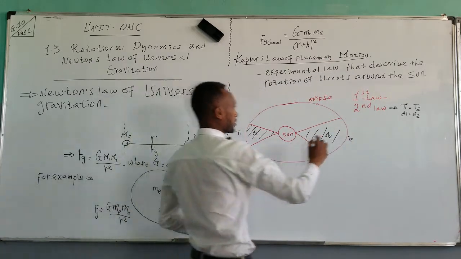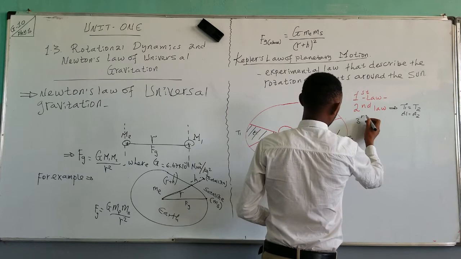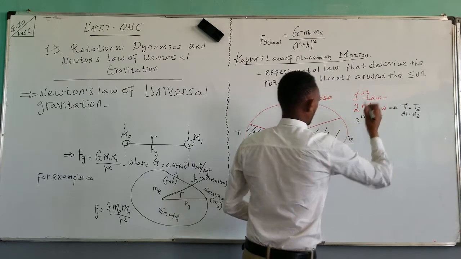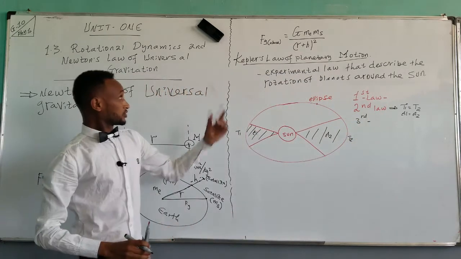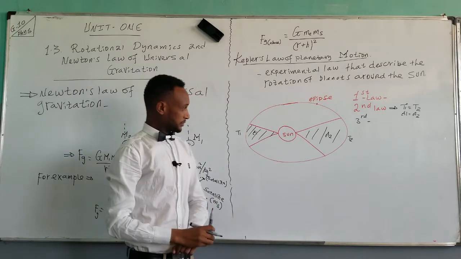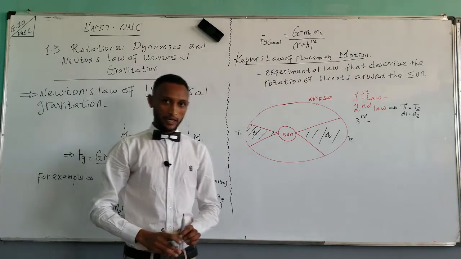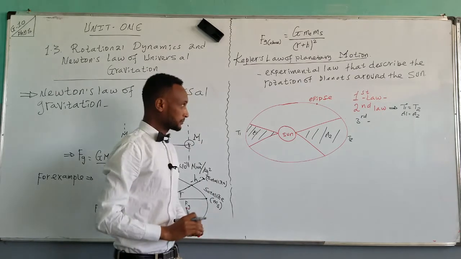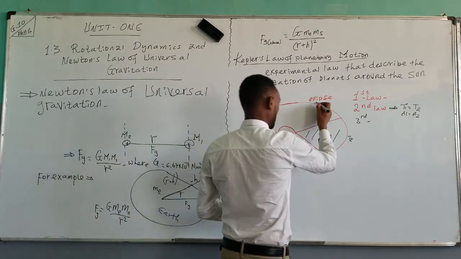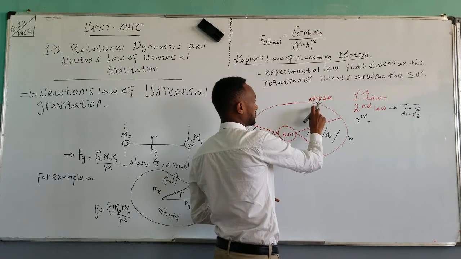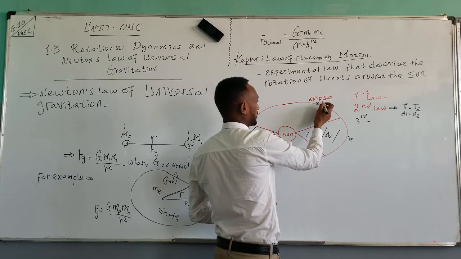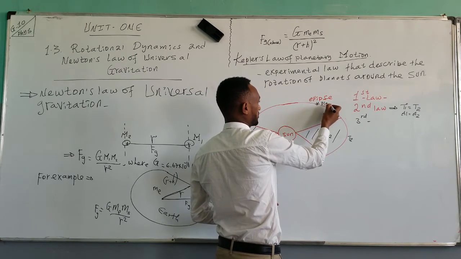And it is the third law. Kepler stated, experimentally, that there is a period that the planet takes to orbit the sun. If you take this one as a focal point, you get one planet.